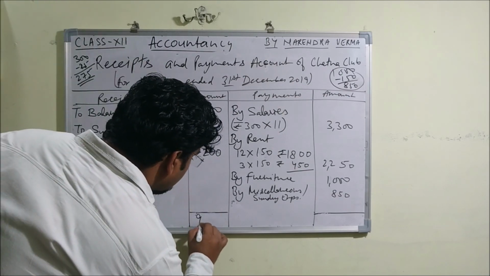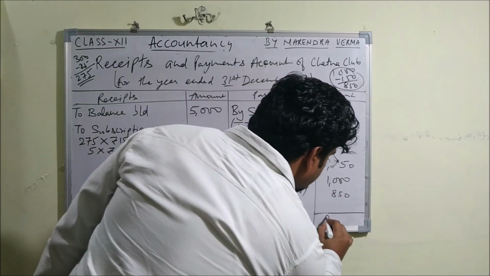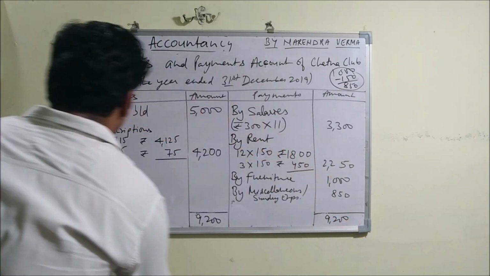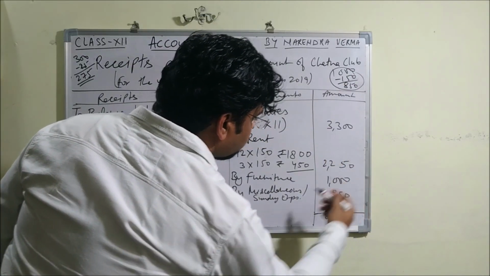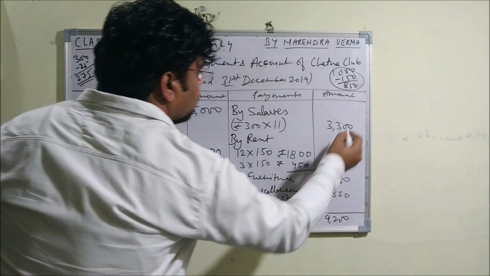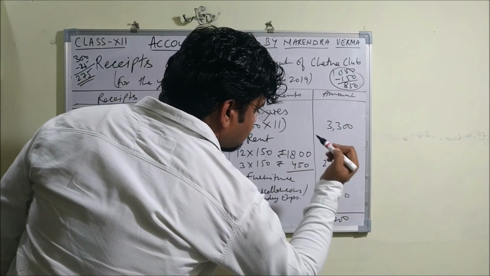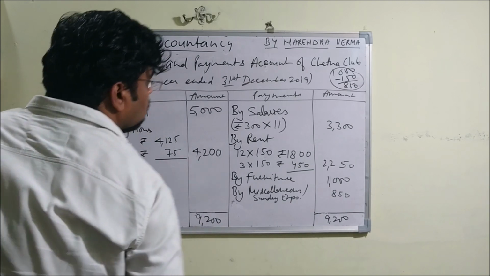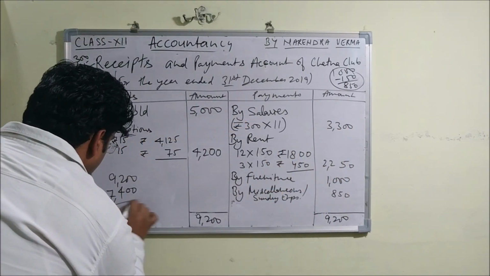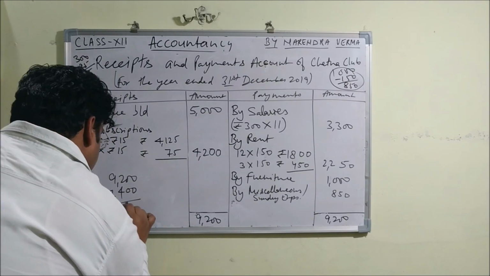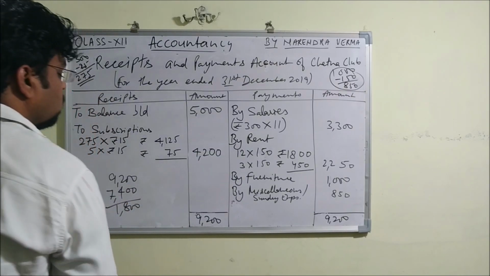So that is 9,200. Now from this 9,200 we'll subtract the total of the other side. That is 5, 5, 10, 1 carry 4, 2, 6, 6, 8, 40, carry 1, 4, 2, 6, 7. So that is 8, 1,800.